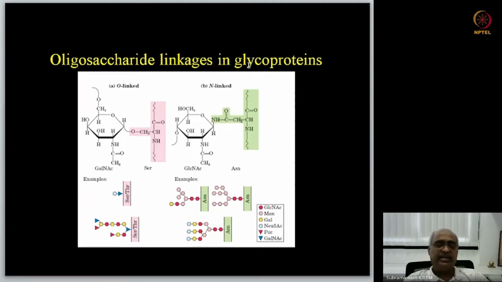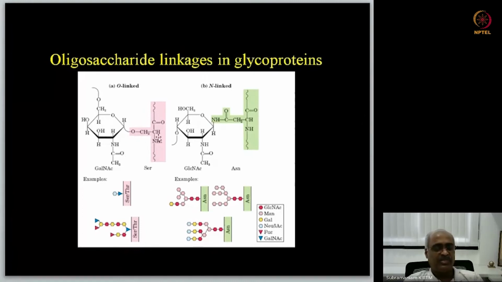First, let us look at the glycoproteins. So here the glyco part is actually oligosaccharide. It's not a long polysaccharide. And usually there are two types of linkages between carbohydrate and proteins. They are either via the serine or threonine hydroxyl group.